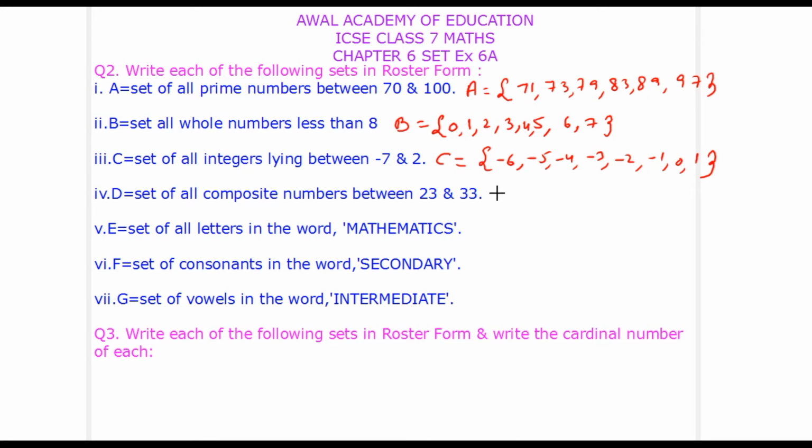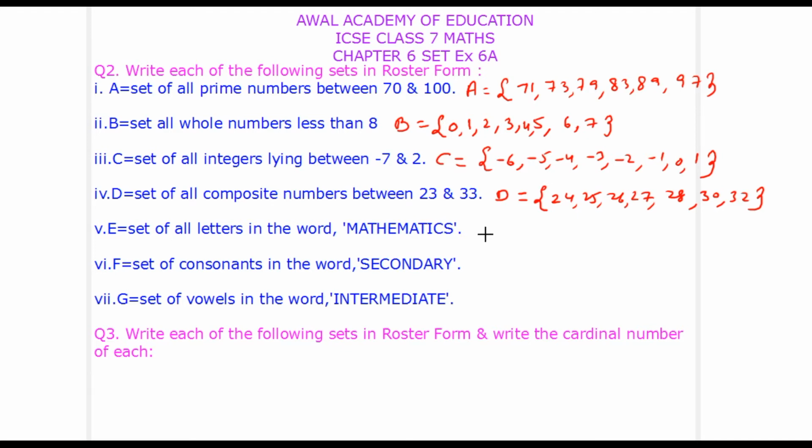D is a set of all composite numbers greater than 23 and less than 32, so D would be equal to 24, 25, 26, 27, 28, 30 and 32, and 29 is a prime number.